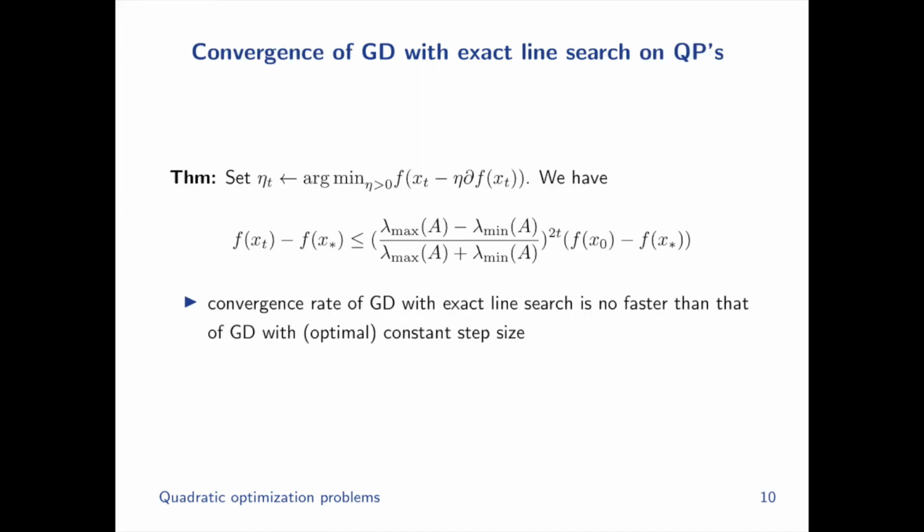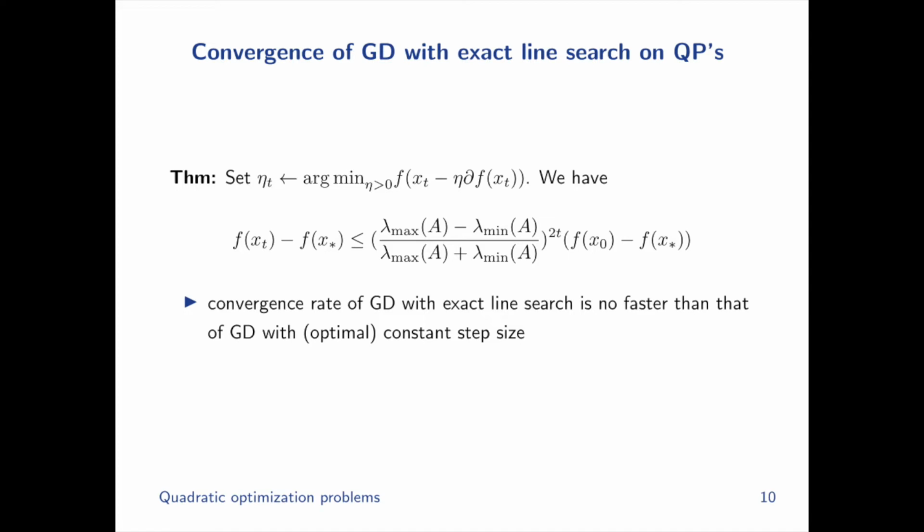Okay, so here's the convergence result for gradient descent with exact line search instead of constant step sizes on quadratic programs. And I want you to pause the video and think a little bit about this: compare this convergence result to the previous convergence result with constant step sizes.